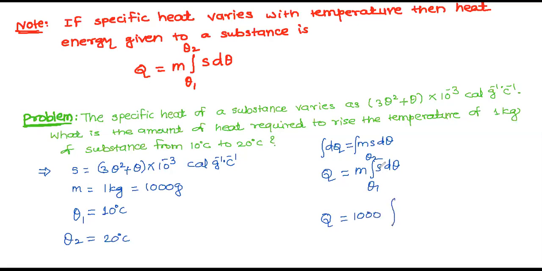And integration of this S is how much here? 3 theta square, yes, 3 theta square only, plus theta, and this is into 10 to the power minus 3, into d theta, and the limits are 10 and 20, because the upper limit and lower limit we have substituted here. Okay, so note down this first.